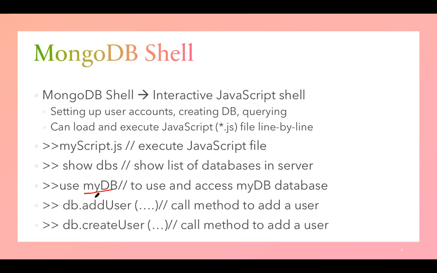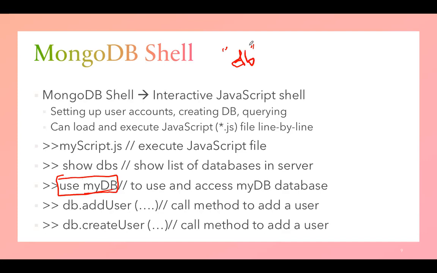And there are 2 methods, right? One of the things you have to remember is that the moment you type the command use MyDB, by default, it creates a database object called db. That's the default. It behaves as a database object.